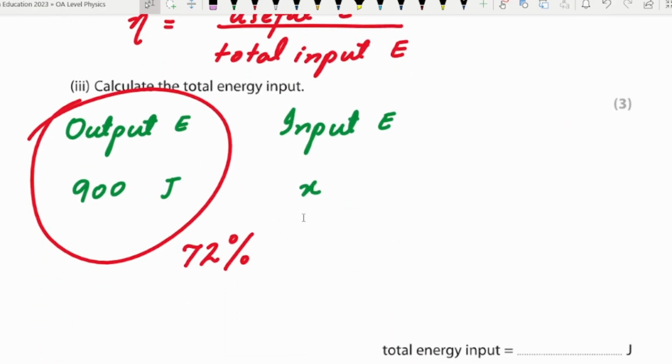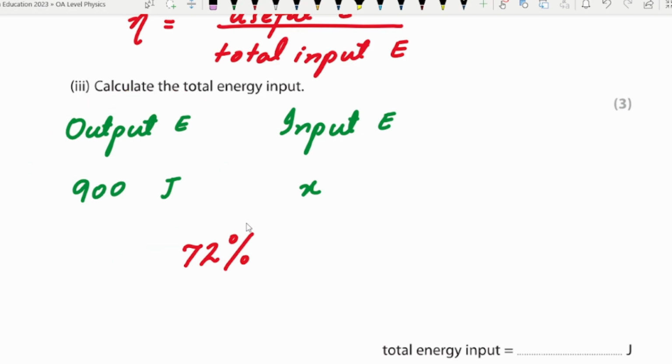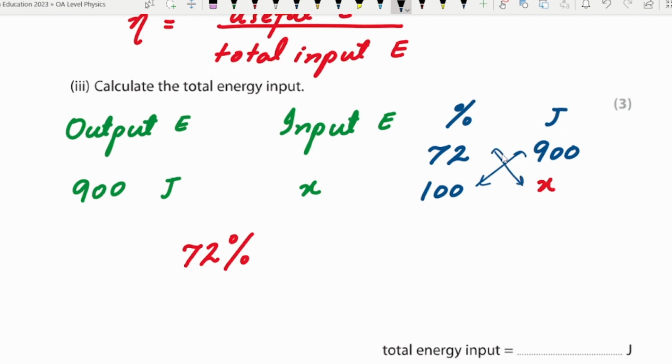So this is a question of reverse mathematics. If you want to use the formula of the efficiency, you can. You're very welcome to use it. Otherwise, you can use the reverse percentage method also. So 72% of the energy is 900. How much would 100% be? Then you cross multiply, and so what you get is x equals 900 times 100 divided by 72.